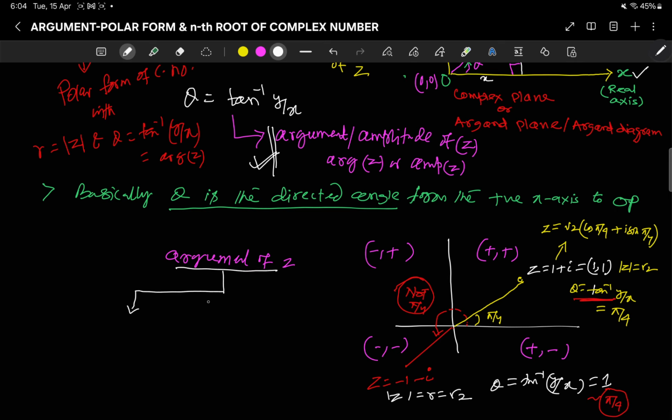One is the general argument, and another one is the principal argument.